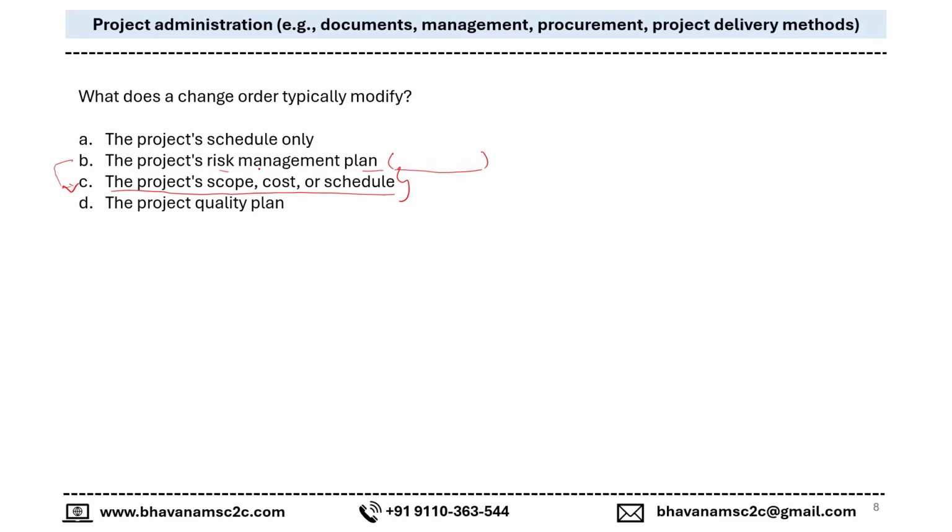In addition, the risk management plan also covers a plan that workers should not be affected at the site due to so and so reason. So it doesn't affect the risk management plan. And the project quality plan remains the same.